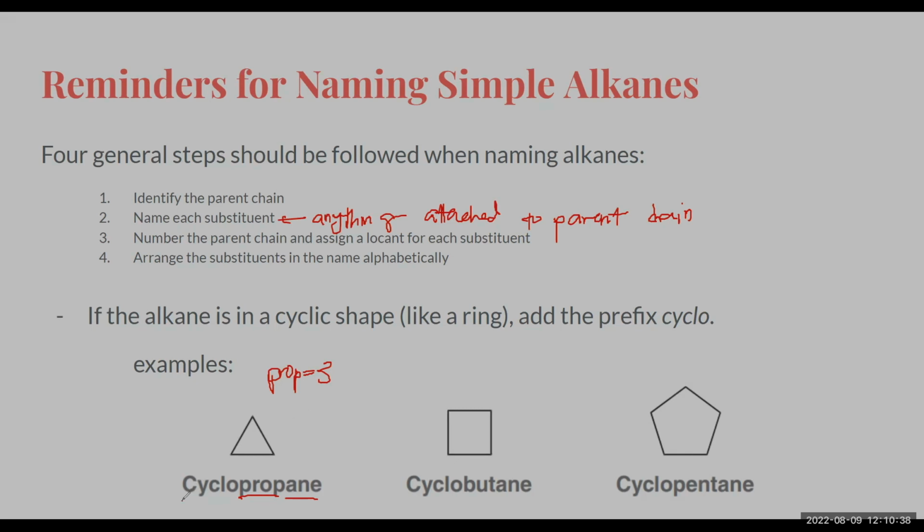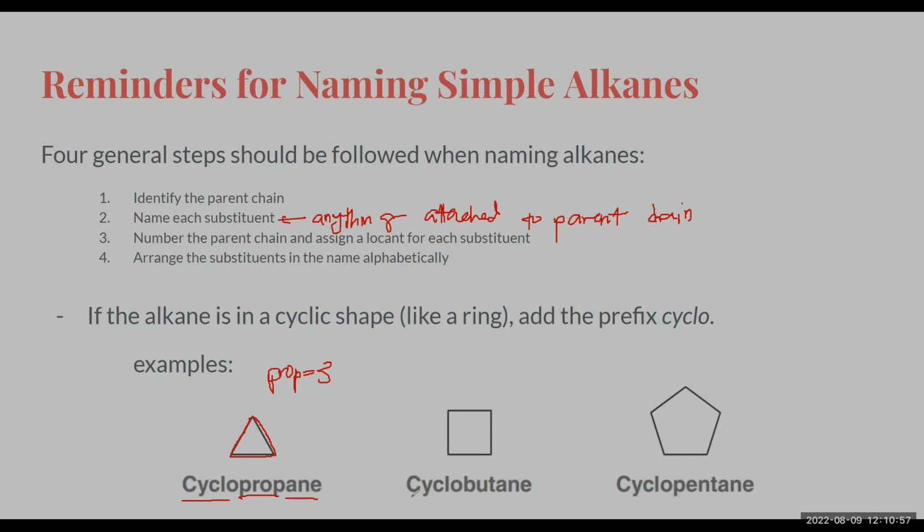And then cyclo at the beginning indicates that the 3-carbon chain forms a cyclic shape. So you can see this is kind of like a circle. Well, it's like a triangle, but it closes basically. And so that's what they call cyclo.